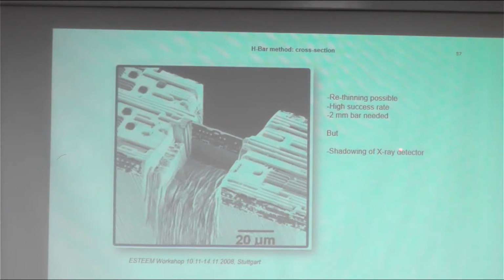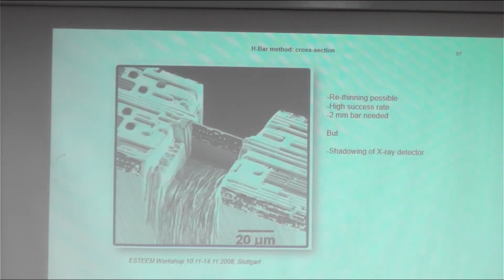then if you want to use X-ray analysis, they will be shadowed, and the X-rays coming from the sample can be rescattered, and then you will get no X-rays or very low X-rays coming from the specimen.